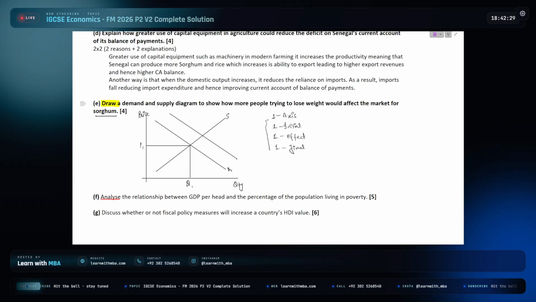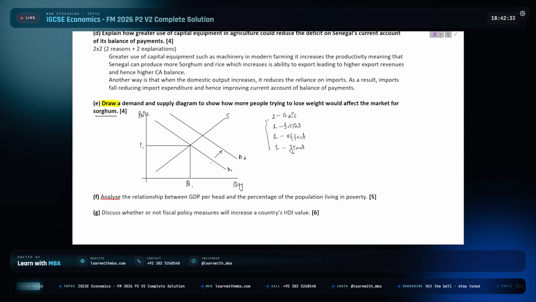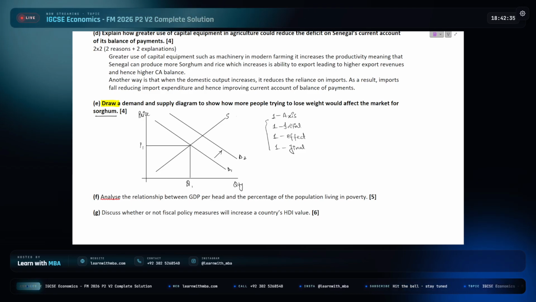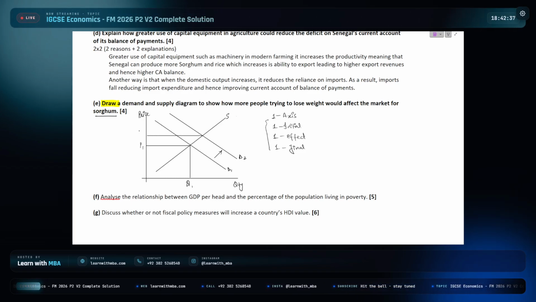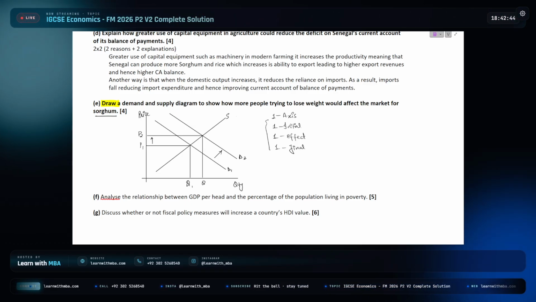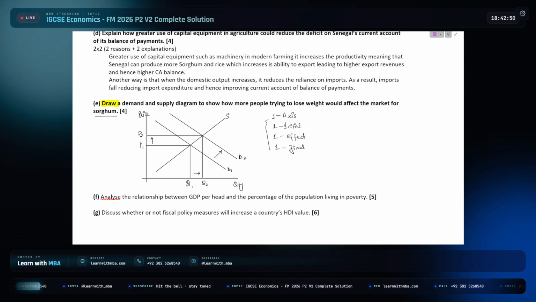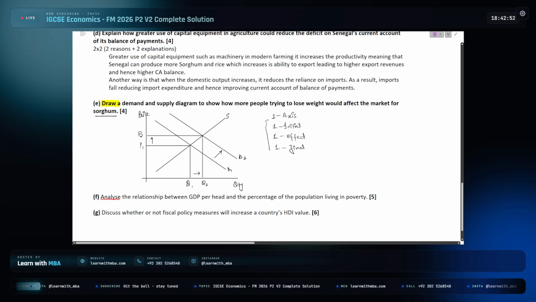So when I make the second demand curve and make an arrow, this is the third mark. And when I show the effect on price and quantity, this gets me the fourth mark, right? So P2 and the quantity goes to Q2. So this is now 4 marks. And you just stop over here. You don't need to explain more about it. Understood?